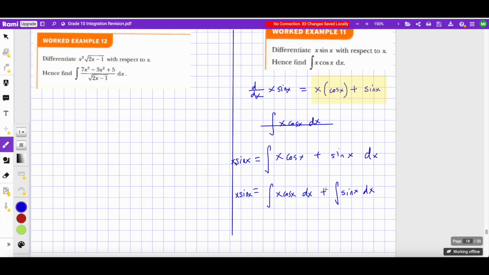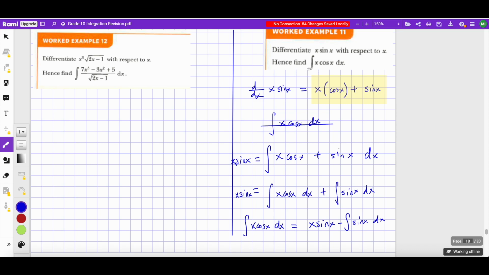Okay, so what I want to do right now is isolate the integral of x cosine x. I will bring plus the integral of sine x dx over to the left side of the equation. All right, so the integral of x cosine x dx is just equal to x sine x minus the integral of sine x dx.